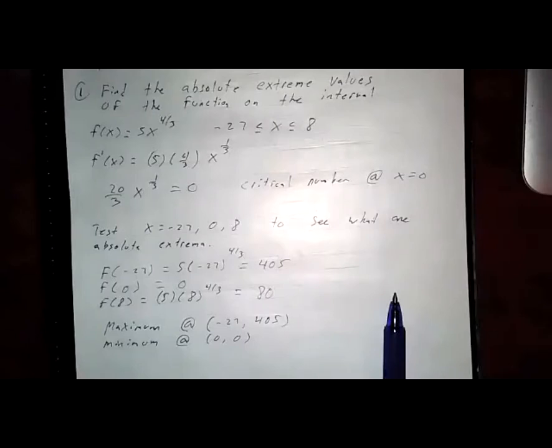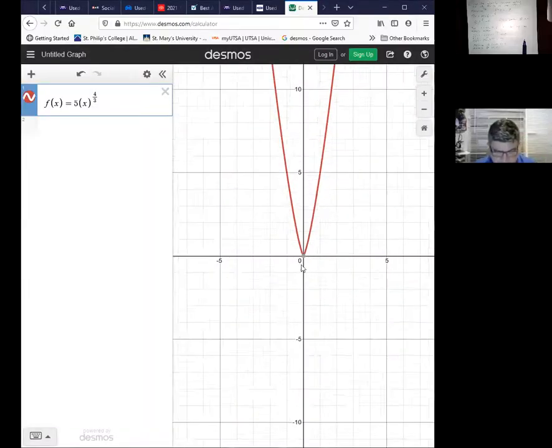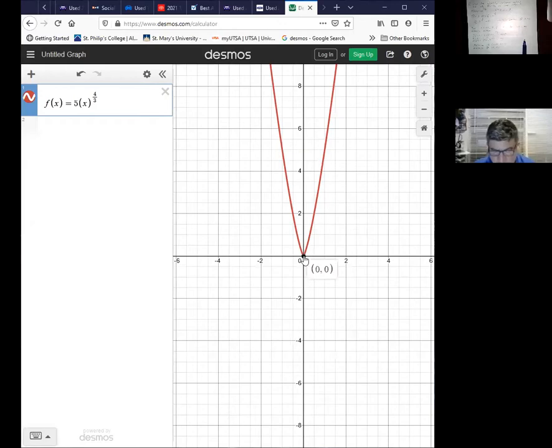Let's graph it so we can get a better idea here. So 5x to the 4/3. Right, here it is. So here's my minimum, right?